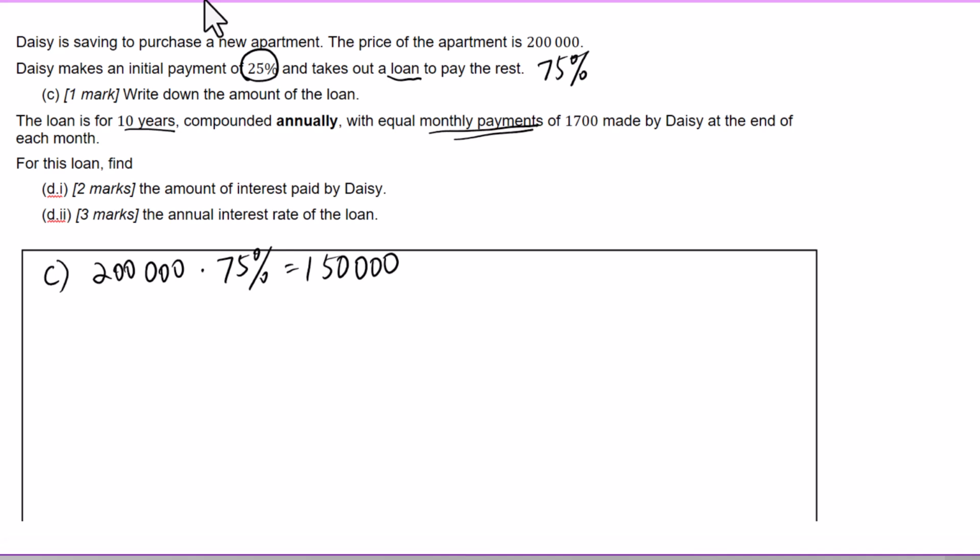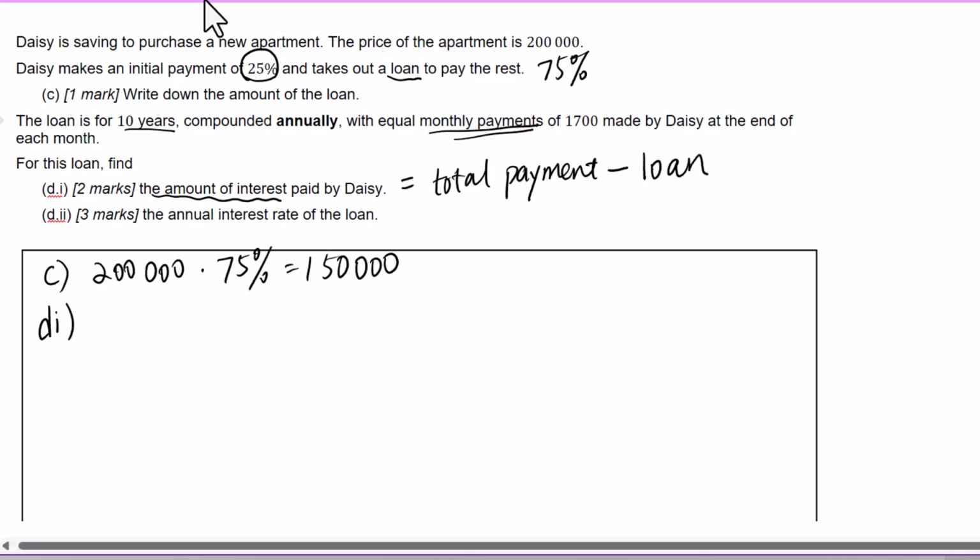For the loan, find the amount of interest paid by Daisy. Amount of interest equals total payment minus loan.